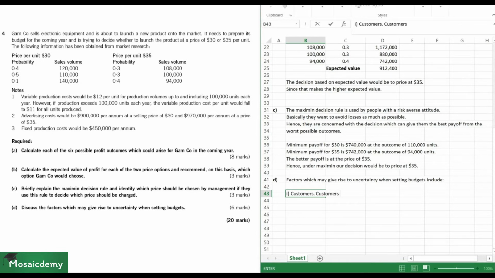Customers can change their preferences and switch to alternatives for our product.